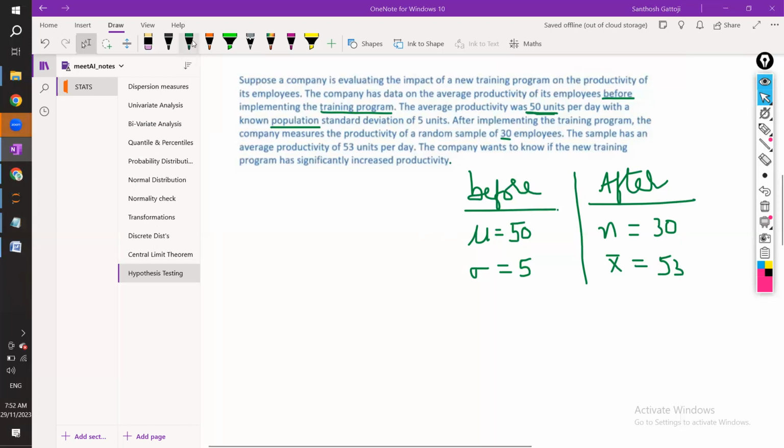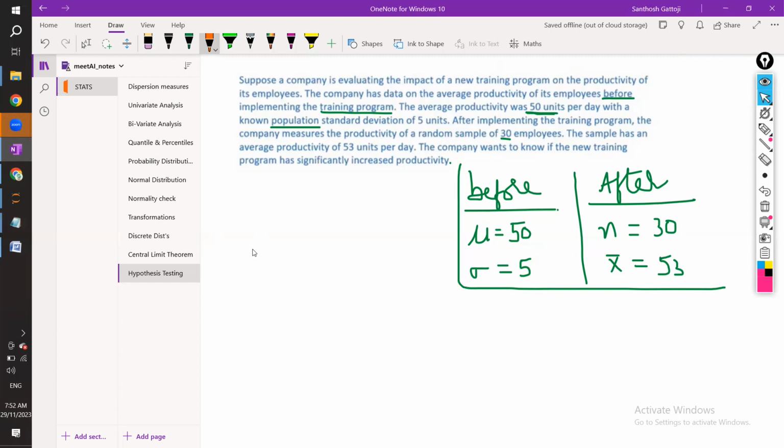Okay, before it was 50, and after that we are taking just a sample. Fine. Now we need to convert this into a statistical statement. The company wants to know if the new training has provided any significant increase in productivity or not. So when can we decide that it has provided a significant increase?